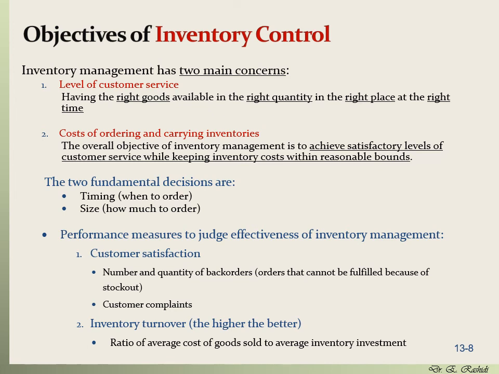The turnover ratio indicates how many times a year the inventory is sold. Generally, the higher the ratio, the better, because that implies that you are using the inventory more efficiently. So that's another measure to judge the performance of an inventory management or control policy.